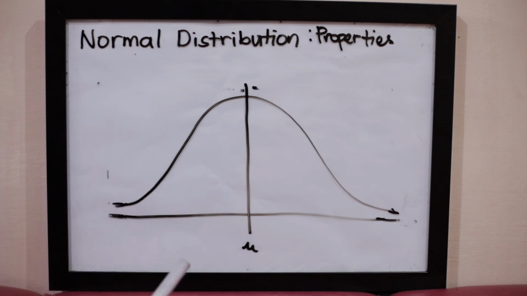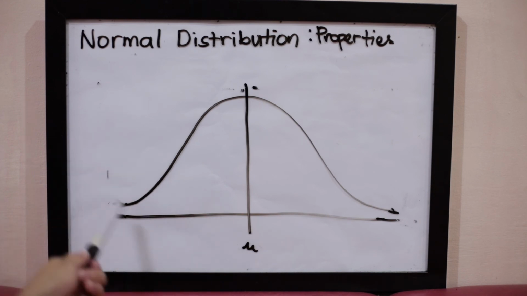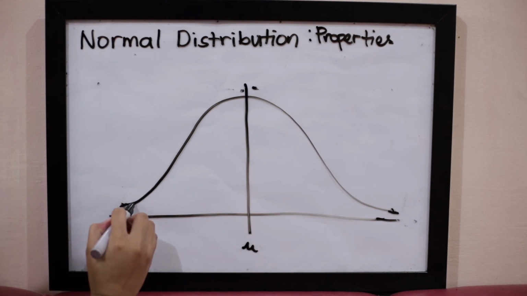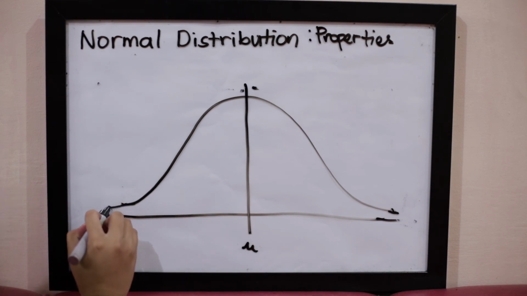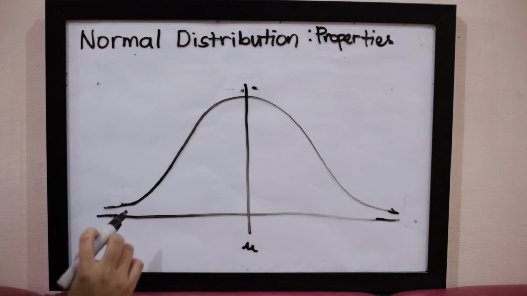And then another property na parang contributes kung bakit ganito yung itsura niya, it is because normal distribution is asymptotic. When we say na asymptotic, this graph will be closer to the x-axis but it will not intersect the x-axis.